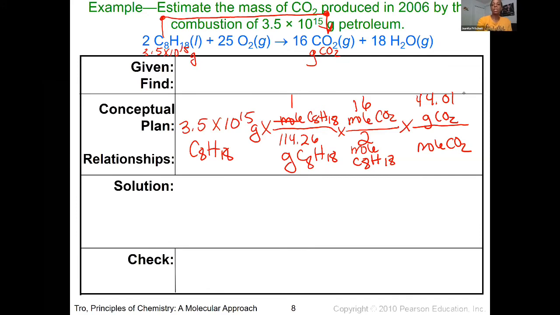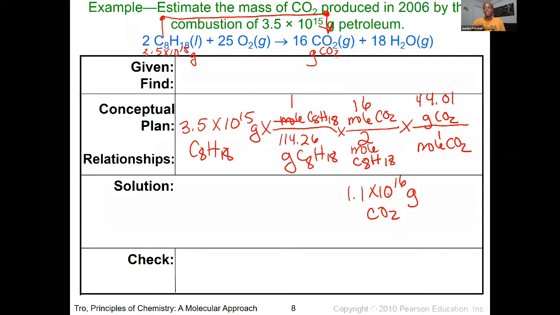And then when we plug this in, 44.01 to 1, we would have 3.5 e to the 15th times 16 times 44.01 divided by 114.26 divided by 2, and that gets us 1.1 times 10 to the 16 grams of CO2 as our final answer.